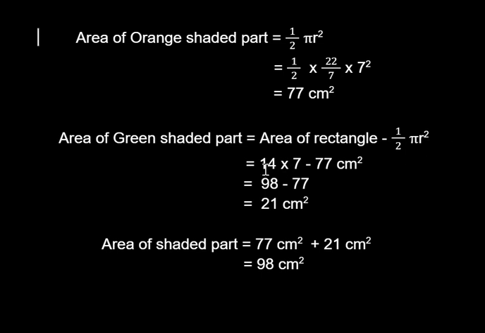So it's 14 times 7 minus 77, you get 98 minus 77, you get 21. So the area of the shaded part is the green plus the orange. It's 77 plus 21, you get 98. Both will give you the same answer. It's just a matter of which is faster and whether your child is able to see it.